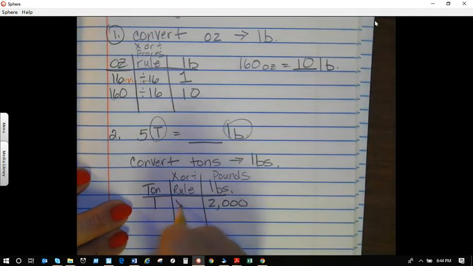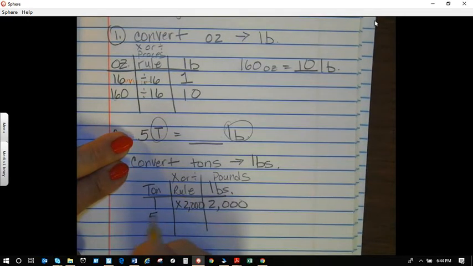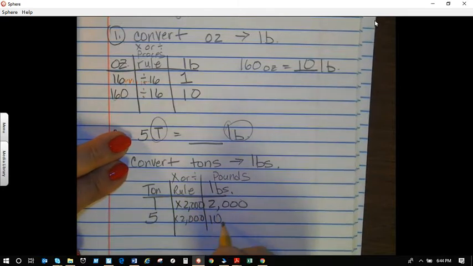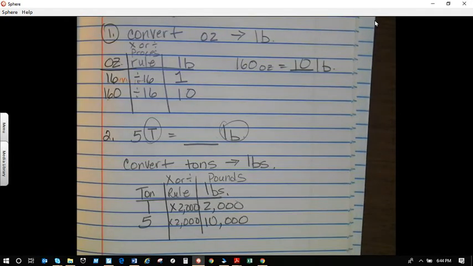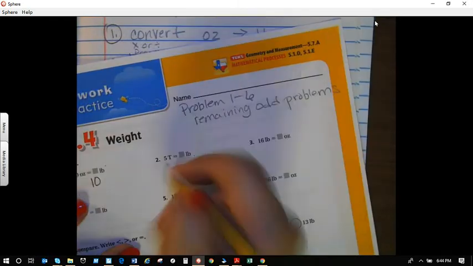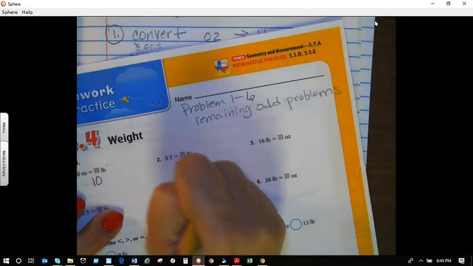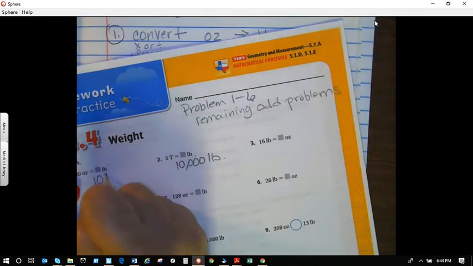I multiply it by 2,000. That's my rule. Well, I have 5 tons times 2,000. 5 times 2 equals 10, and I have 3 zeros, so the answer is 10,000 pounds. And so I'm going to write that on my paper. 10,000 pounds. And I'll put pound over here.